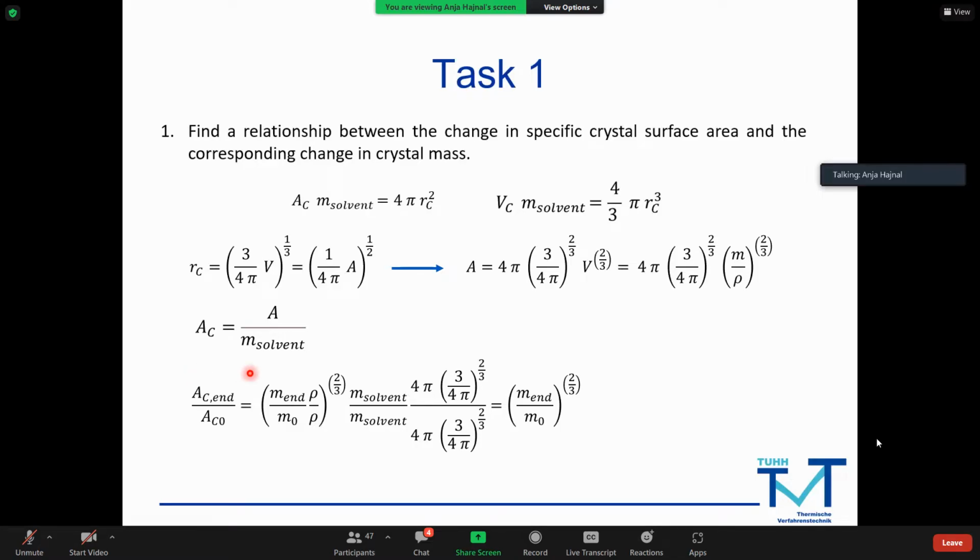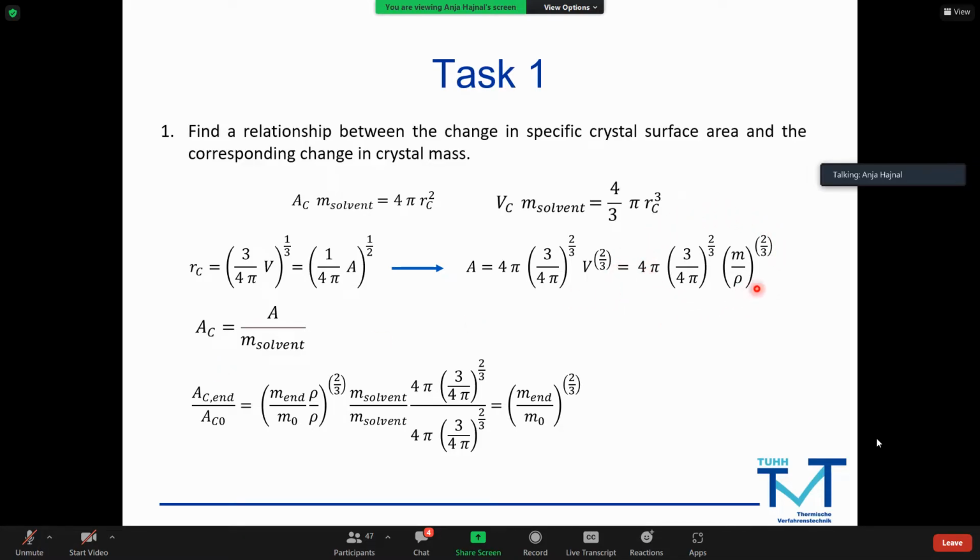Now, if you have a look at task number 2, you have an equation for the average crystal surface area, and you have the specific crystal surface area at the end over the specific crystal surface area at C0, so at the beginning. This is basically the ratio that we should get so we can use it in this equation and we can solve the task.